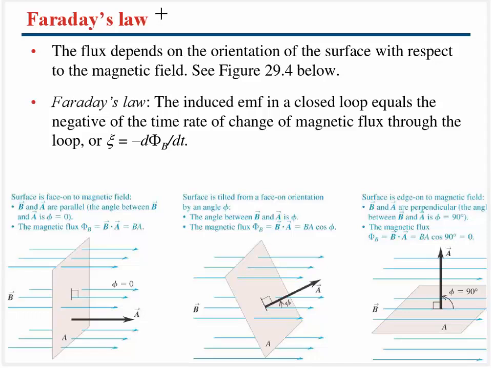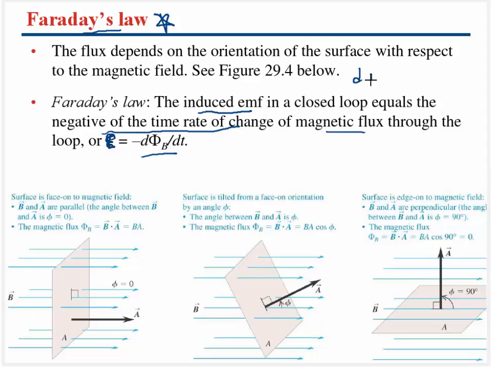Now this leads us to the very first important law that we're going to talk about, which is Faraday's law. What Faraday's law says is that the induced EMF in a closed loop is going to be equal to the negative time rate of change of the magnetic flux through the loop, or this little squiggly script E right here is going to be equal to negative dΦ/dt.